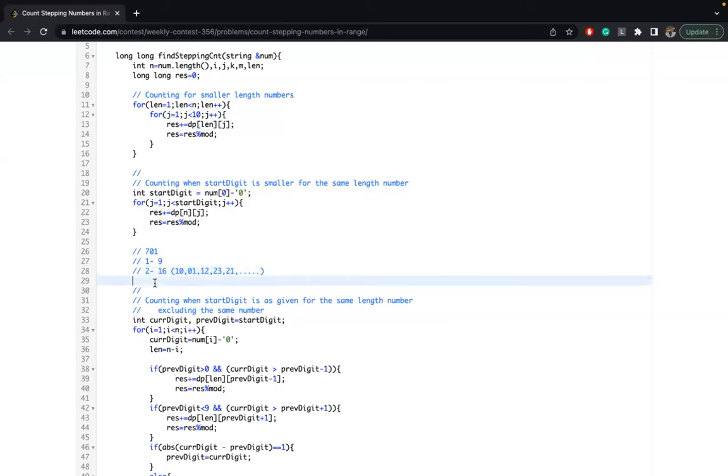Okay, and now for 3 digits, you will count numbers starting with 1, 2, and so on.